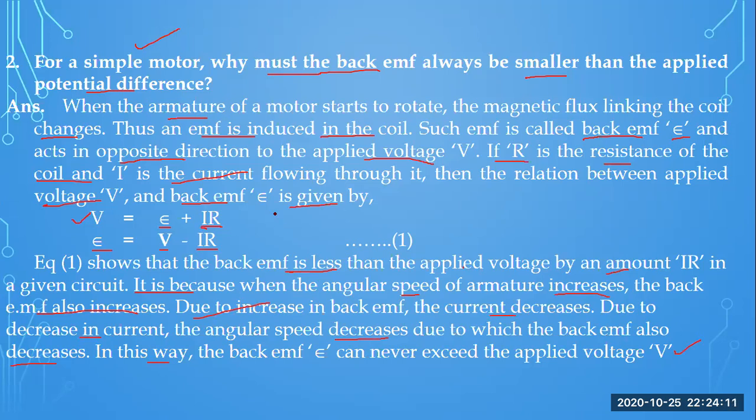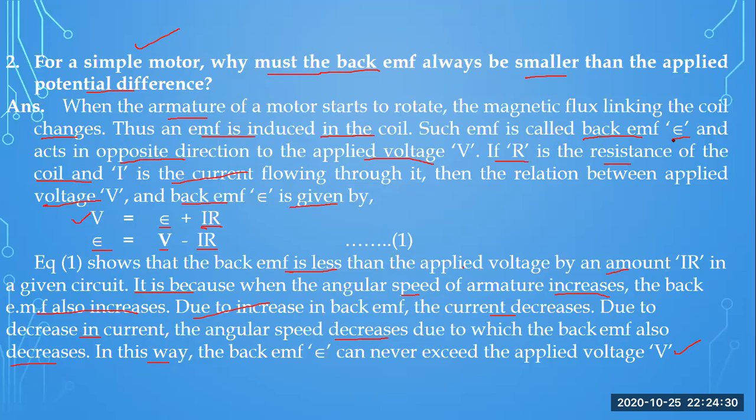Here is the answer to the same question. We are starting from this one. When the armature of a motor starts to rotate, the magnetic flux linking the coil changes. Thus, an EMF is induced in the coil. Such EMF is called back EMF.